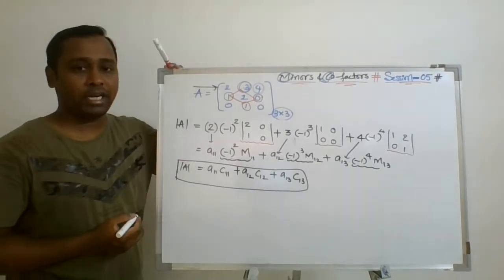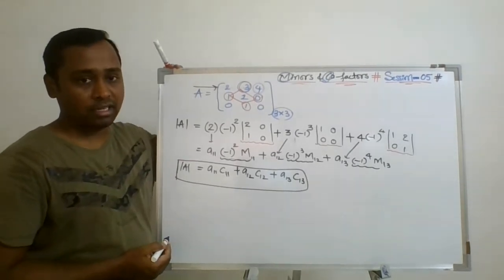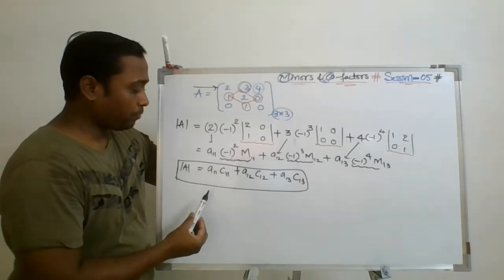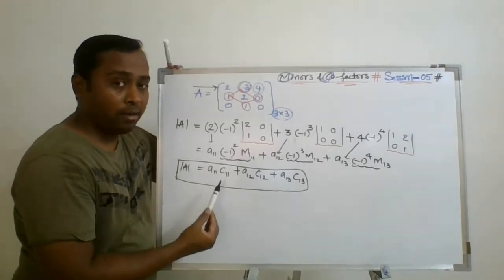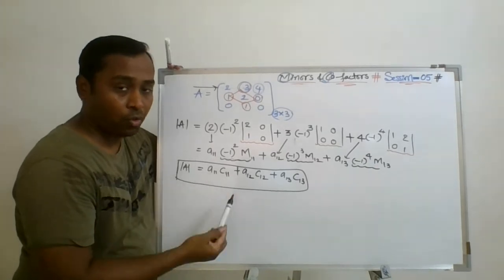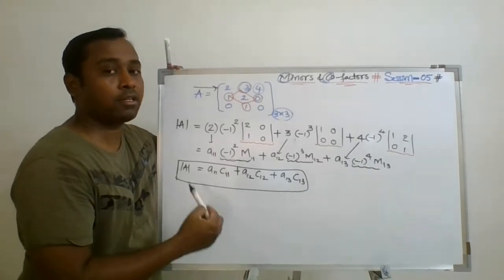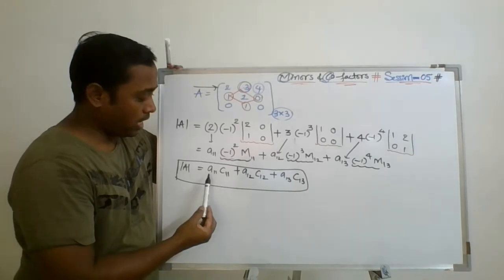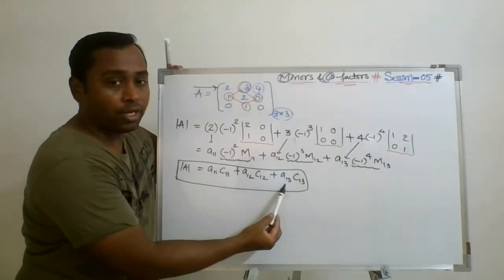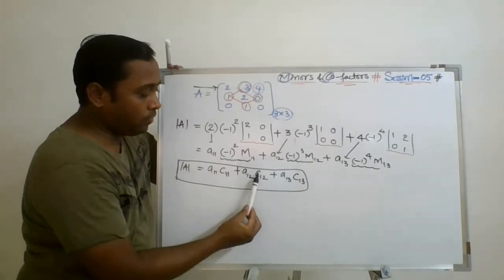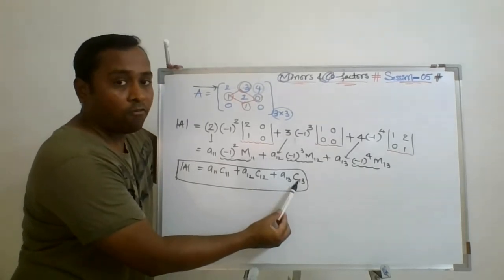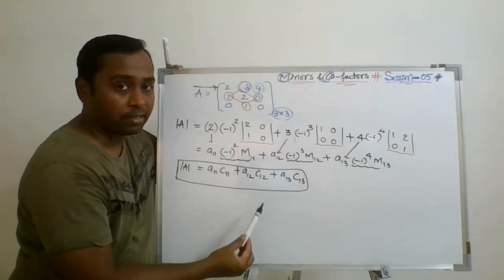So what is the determinant? The new definition you can say is that it is the sum of the product of the elements of any particular row with their corresponding cofactors. A11, A12, A13 are the elements of row 1. C11, C12, C13 are the cofactors of the corresponding elements.